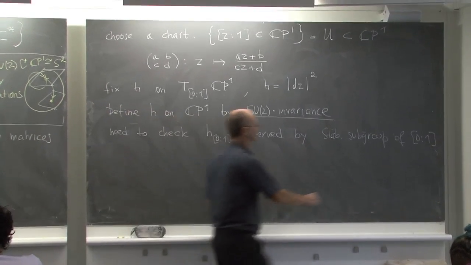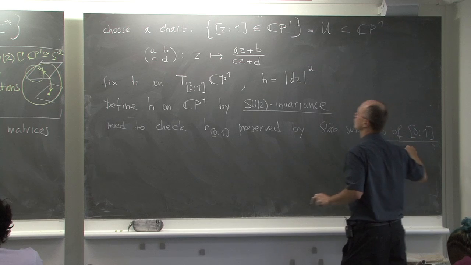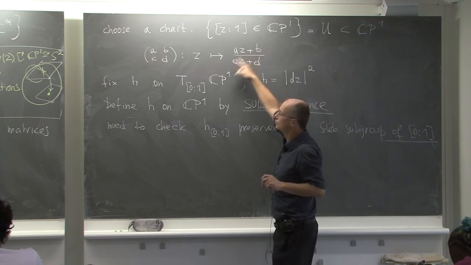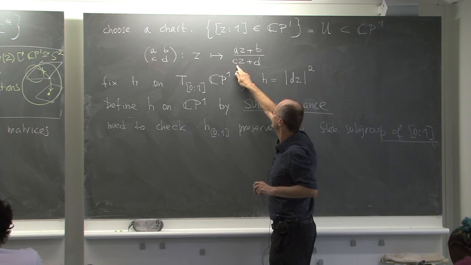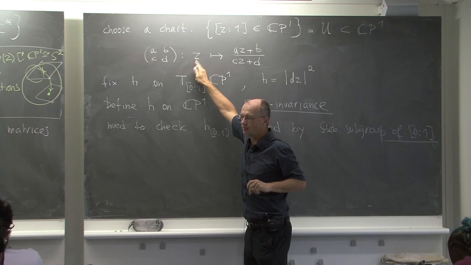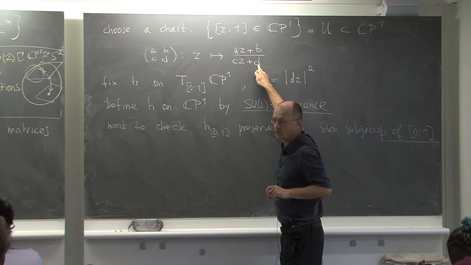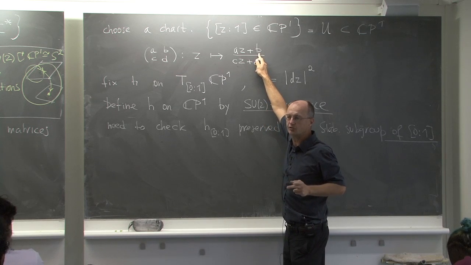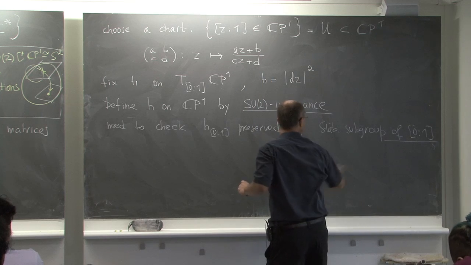Now, what's the stabilizer subgroup of 0, 1? This will be all SU2 transformations, all unitary matrices which map 0 to 0. In order to map 0 to 0, you need to have B equal to 0.